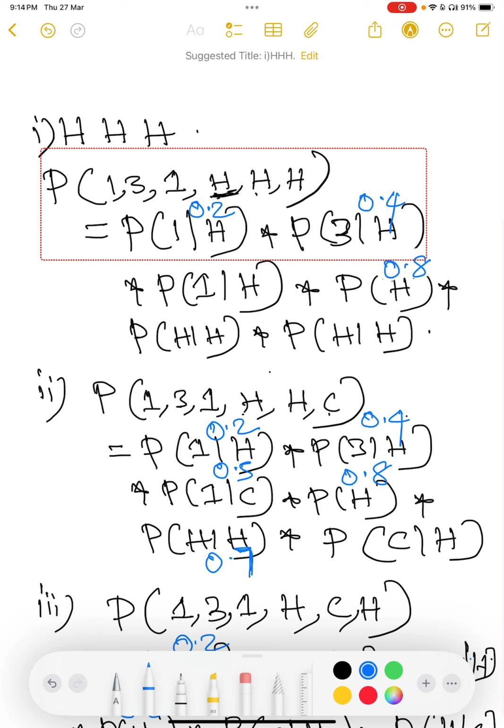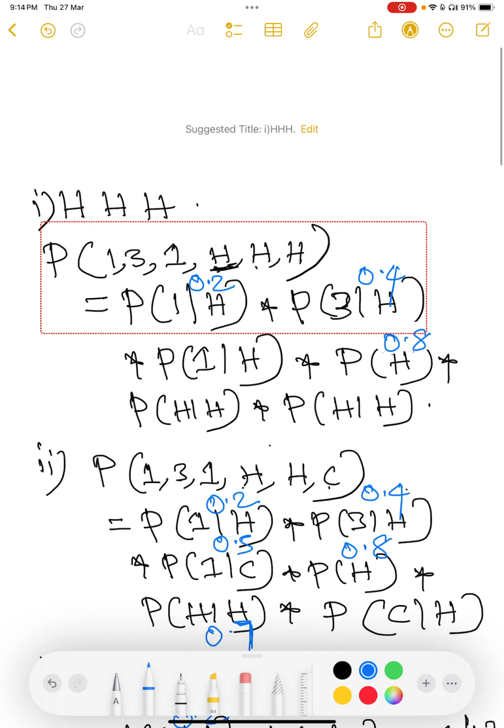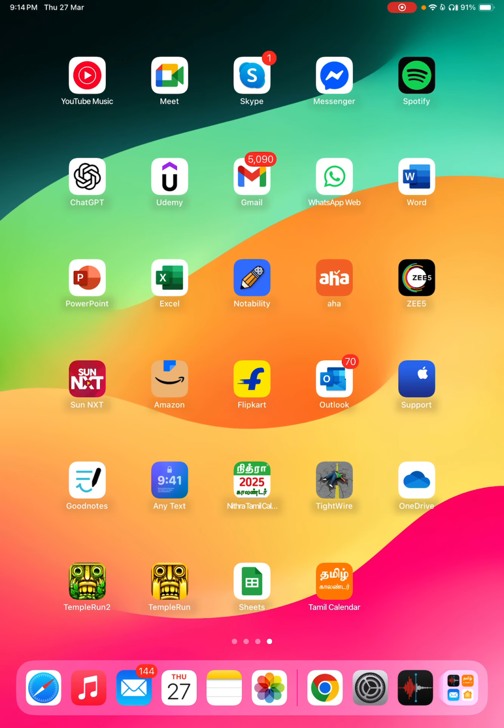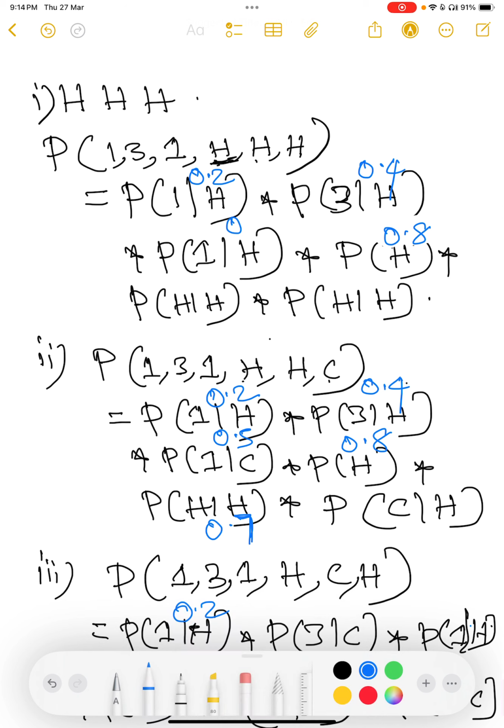For the first one, you have to find one given H, which is 0.2, and H given H is 0.7.